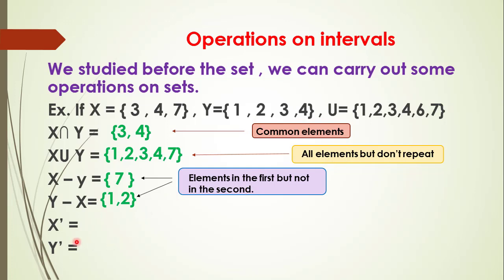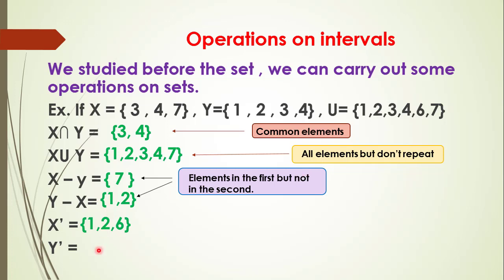Okay, x dash means the complement of x. All the elements in U except x. So I cancel 4, 7, and 3, and I write all the other elements, so 1, 2, and 6.